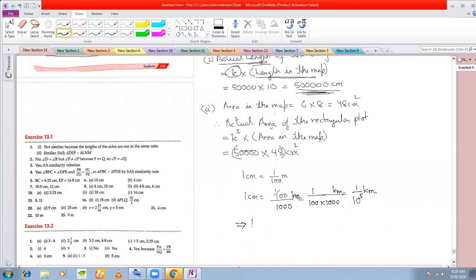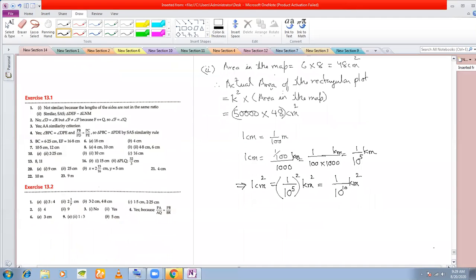Therefore, if you square both sides, what do you get? 1 centimeter square is 1 by 10 to the power of 5 whole square kilometer square, which is equal to 1 by 10 to the power of 10 kilometer square. Fine. So if 1 centimeter square is this much kilometer square, then how much is this much centimeter square?